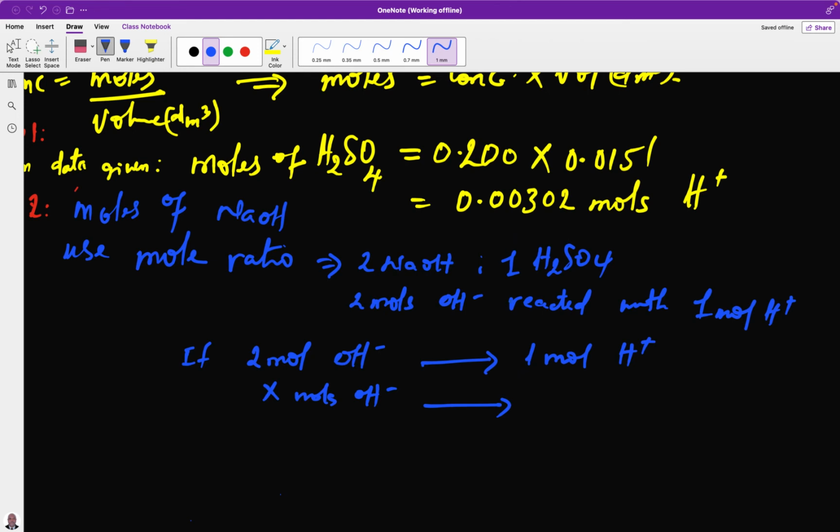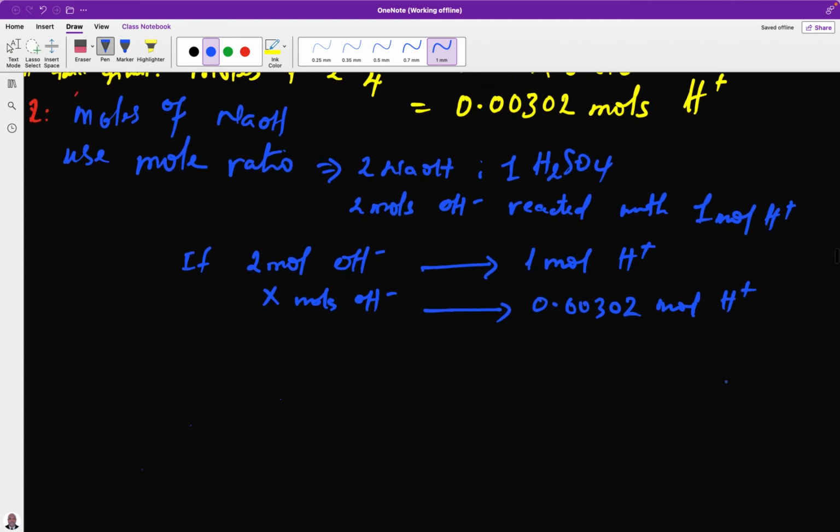And what was the calculated number of moles here? 0.00302 moles of acid. If 2 moles of this can give this, then how many moles of OH will give this?